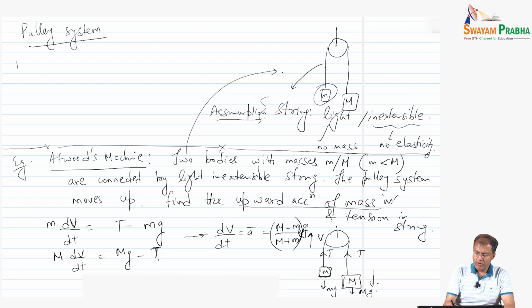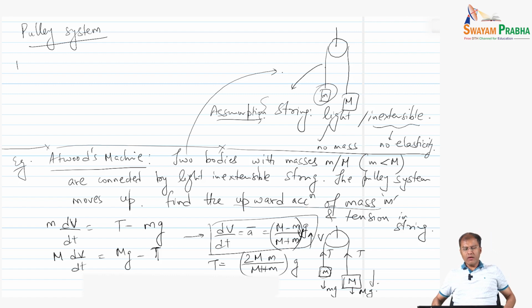Okay, so that is my acceleration, and if we subtract these two quantities, we find that the tension comes out to be 2Mm by (M plus m) times g, right? So we wanted to find these two quantities, and here are the two quantities. Okay. So let us now look at a subtopic of this pulley mass system.